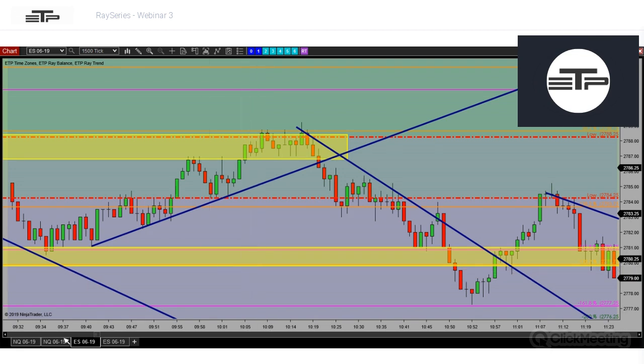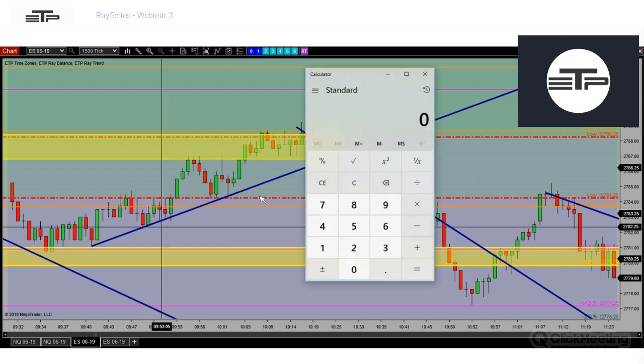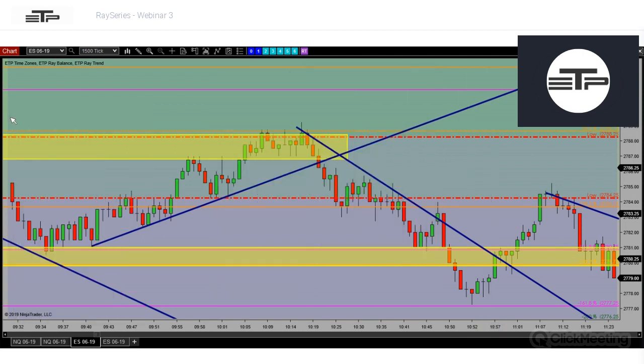So the average losing trade for short was $800. So $800 divided by 12.5, 64.